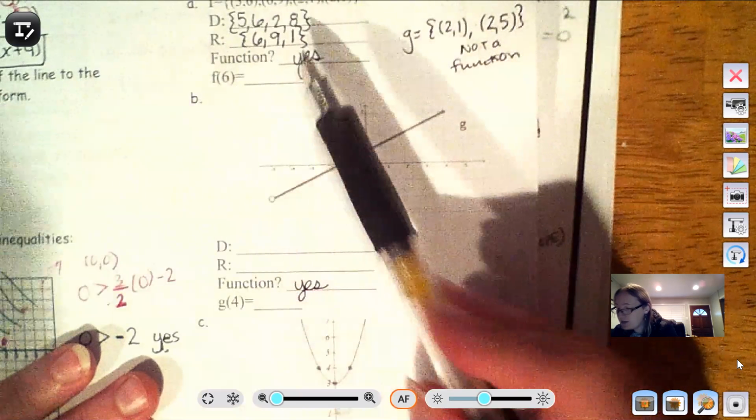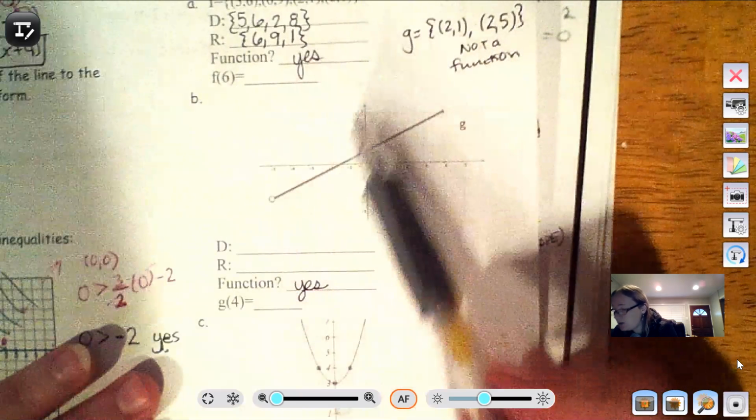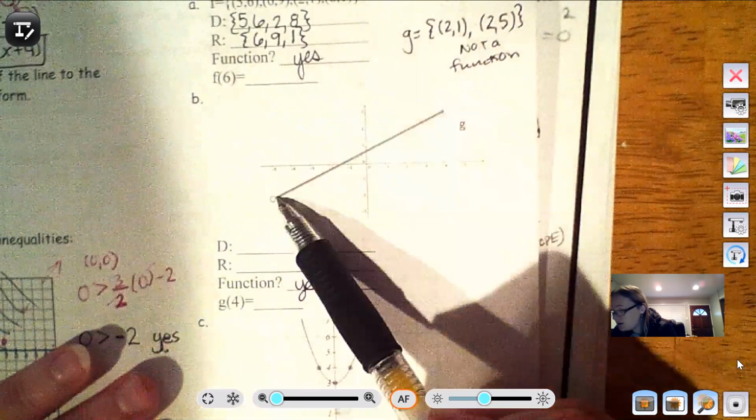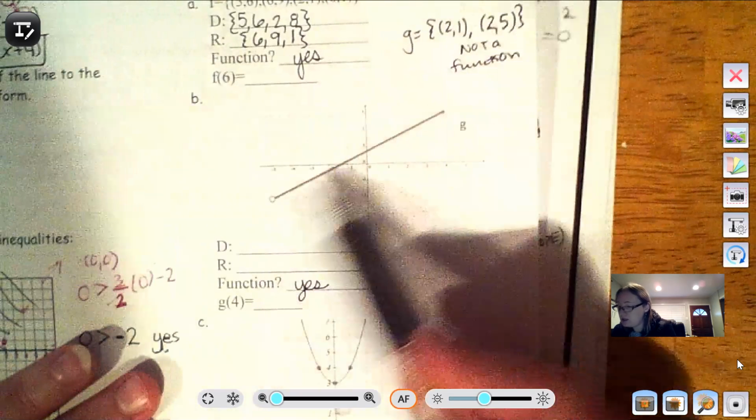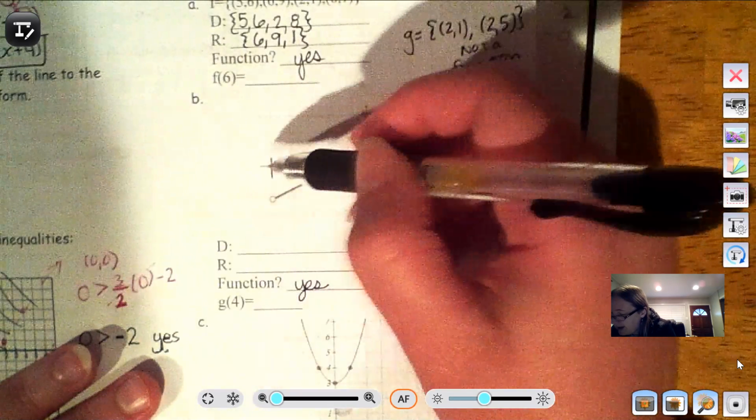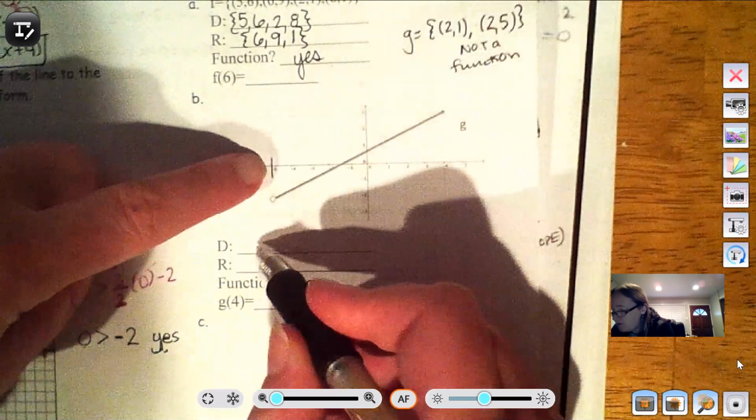But here we don't just have 4 points, we have every single point in between these two endpoints. The smallest x we have, the most left it goes, is -5.